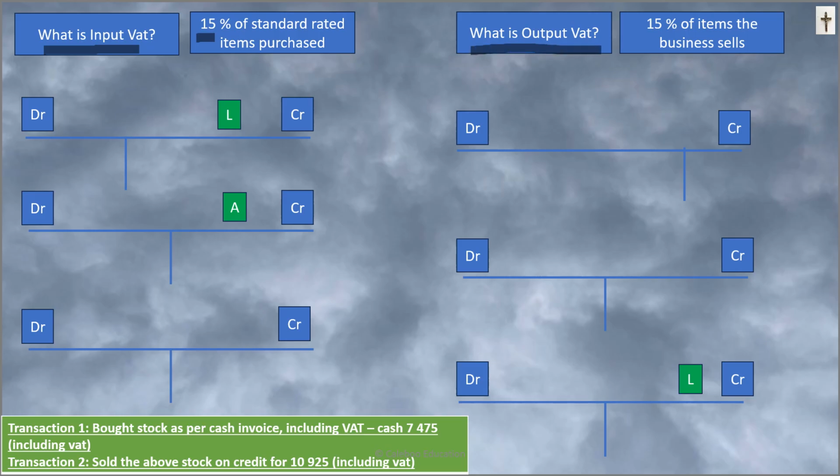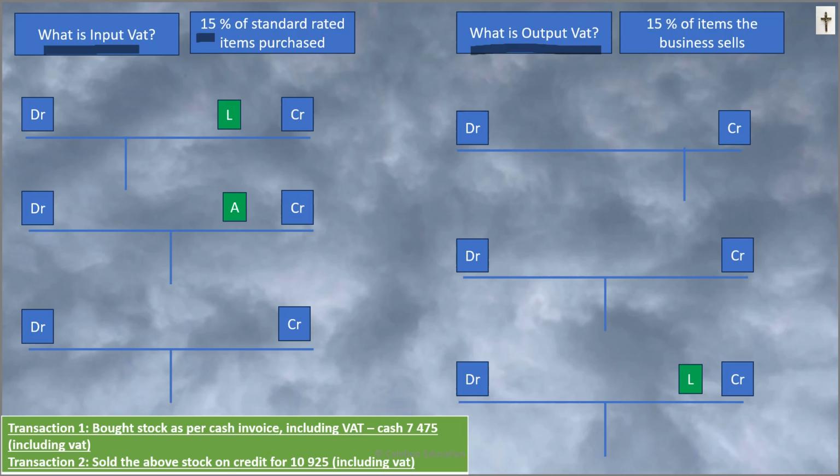Output VAT is 15% which we add to the selling price, which first of all is excluding VAT. We add 15% to the selling price and we charge our clients an extra 15%, and that money we collect on behalf of our revenue services.